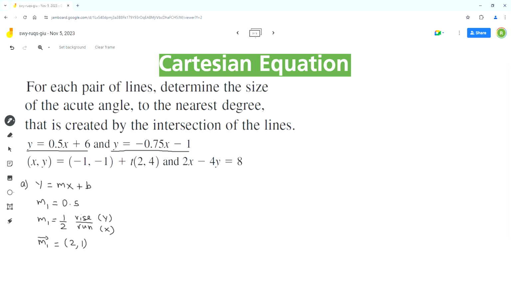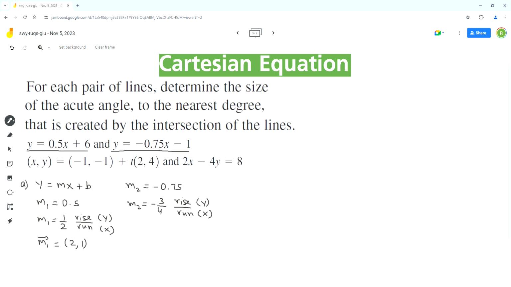Now we can analyze the second line. The slope of the second line is negative 0.75. 0.75 can be written in fraction form as 3 over 4. The formula for slope is rise over run. Rise is in the y direction, run is in the x direction.